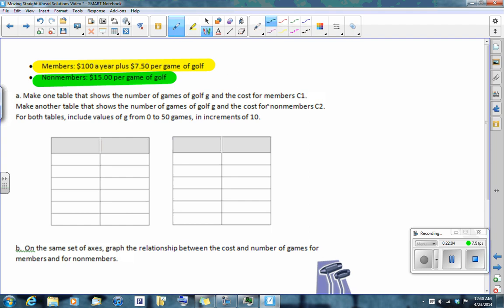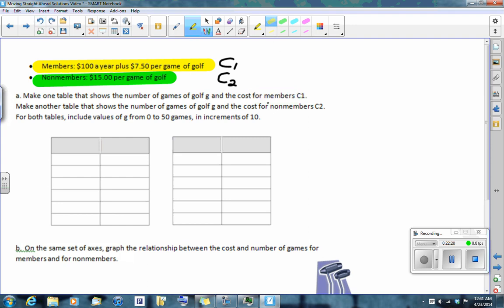The story problem down here tells you that we're going to call the cost for this group C1 and the cost for this group C2, or C sub 2. Oh, they tell you right here. I used the wrong color. I was going to be fancy and match them up. Here we go.